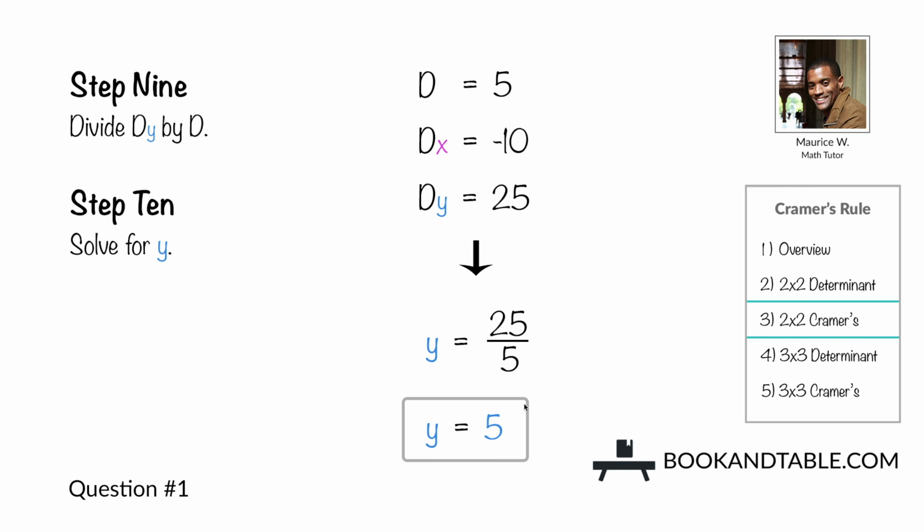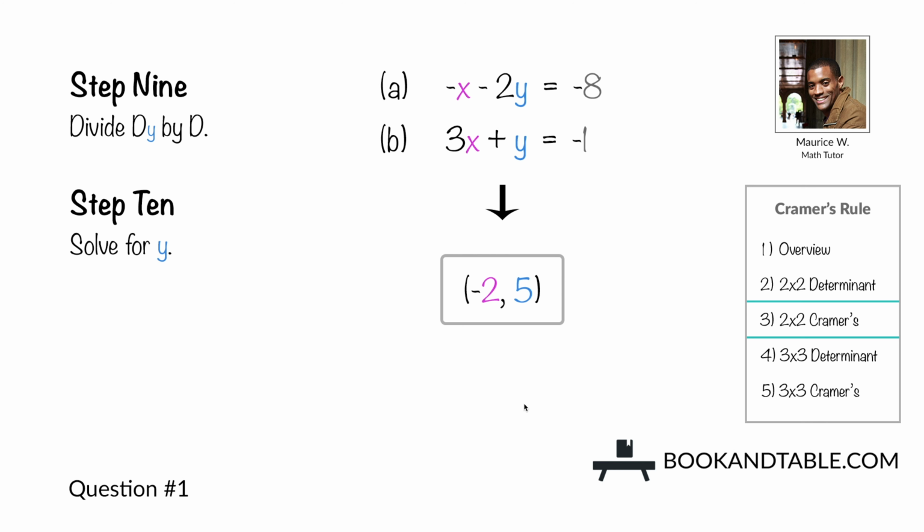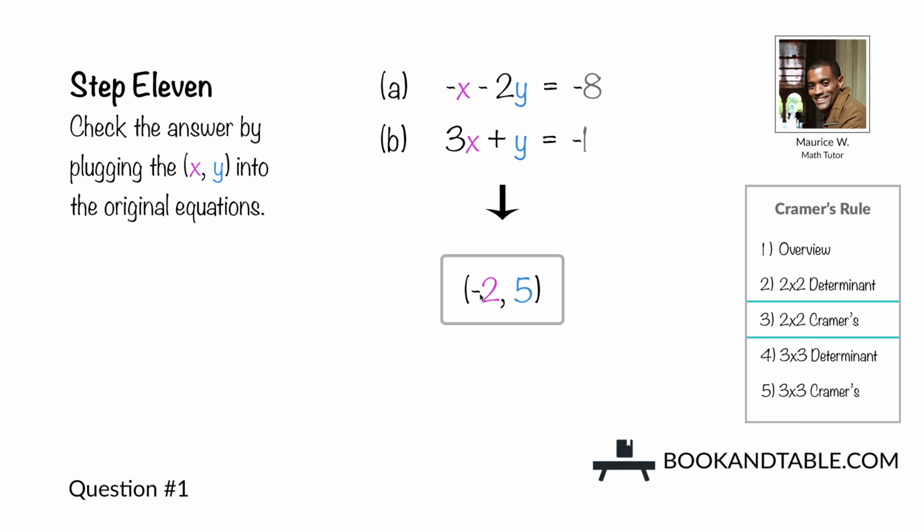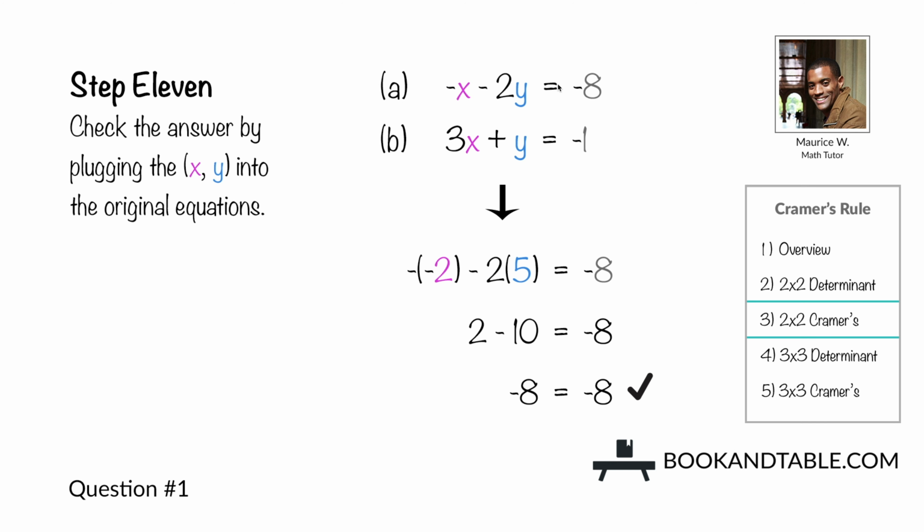So the solution to this 2x2 system is the point where x is negative 2 and y is positive 5. And now we want to check the answer by plugging x and y, negative 2 and positive 5, into the original equations to make sure both equations are true with these two values.